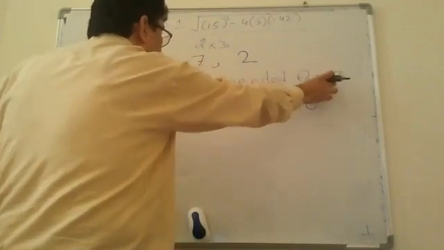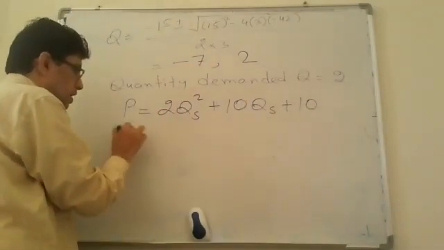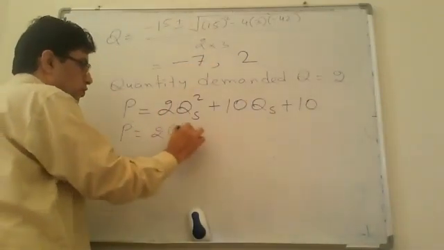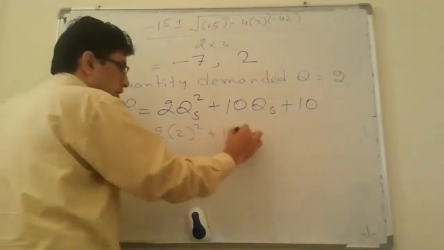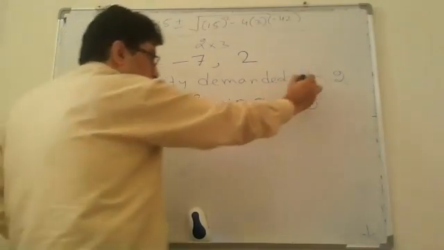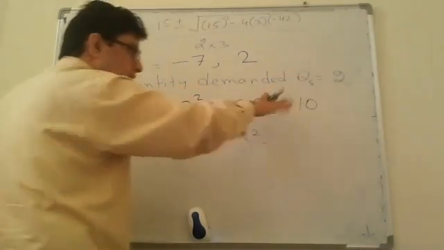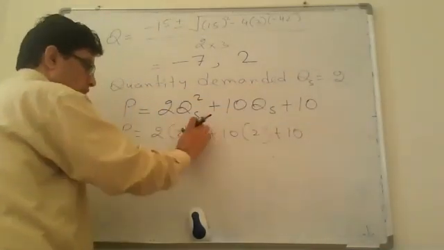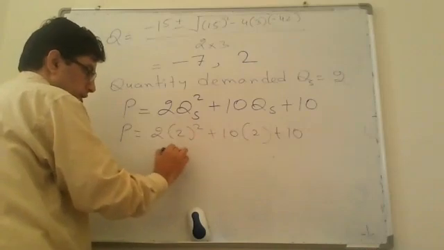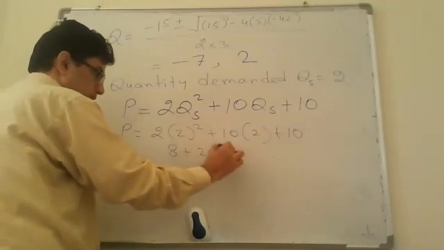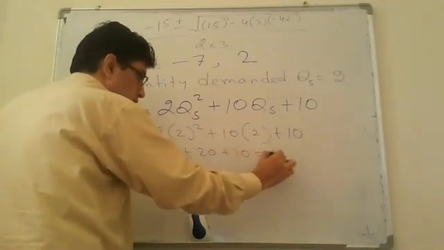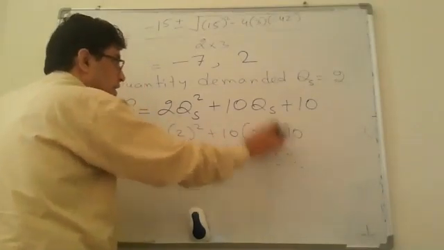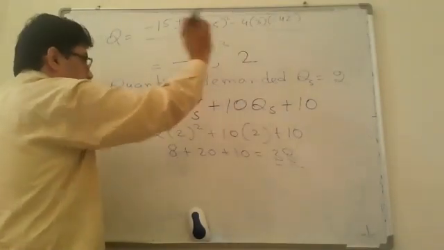You put the value of 2 in this equation: 2 times 2 square plus 10 times 2 plus 10. So 2 square is 4, 4 multiplied by 2 is 8, plus 20 plus 10, it's 30. So price is 30 and quantity is 2.